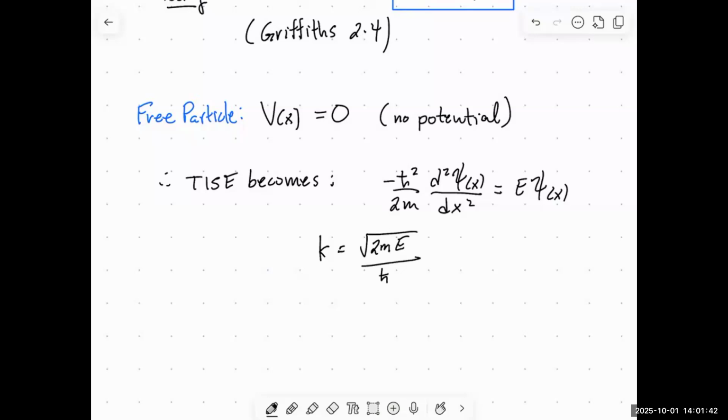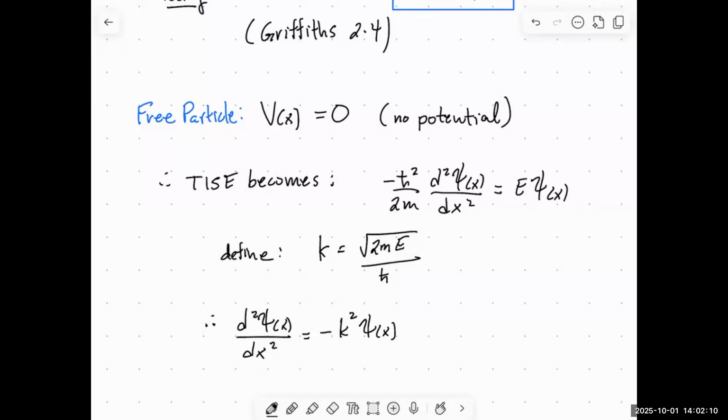If we define k this way, we could rewrite our time-independent Schrodinger equation as the second derivative of psi with respect to x is minus k squared times psi of x. And this is the thing we're going to solve.